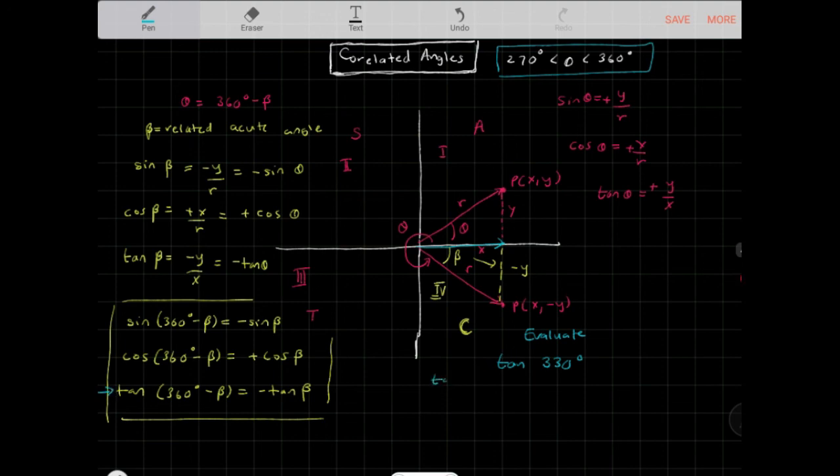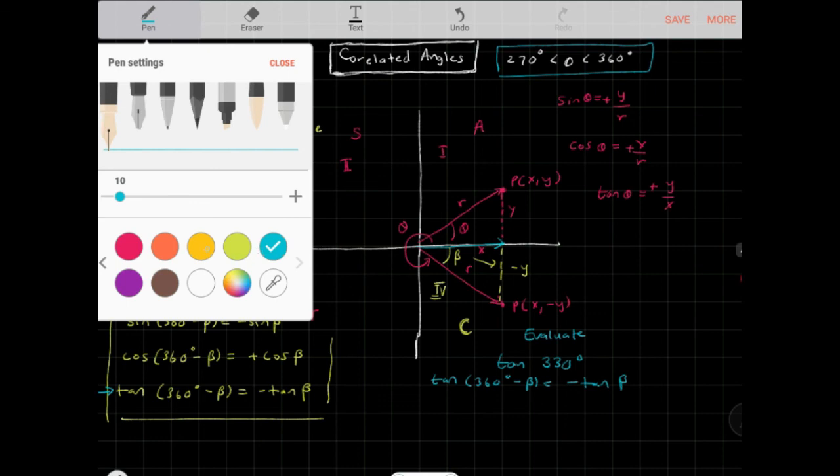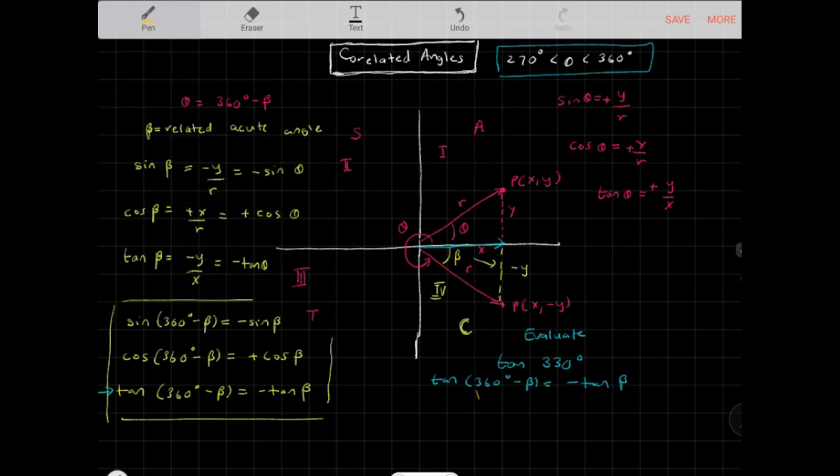So we know that tan 360 degrees minus beta is equal to negative tan beta. In this case, our value of theta is 330, so we know that 360 degrees minus beta is equal to 330 degrees. So therefore, beta should be equal to 30 degrees.